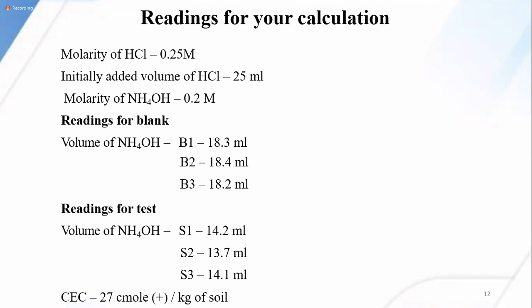Same answer, ma'am. Okay, so 2.59. You have to multiply the 18.3 by the molarity of NH4OH. Then you have to subtract the value from the initial.